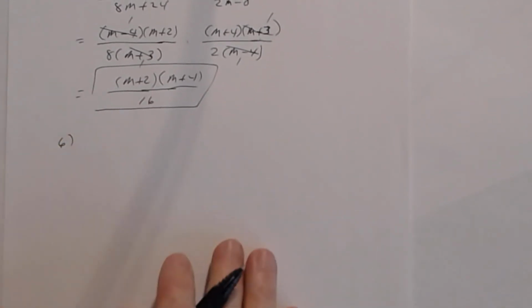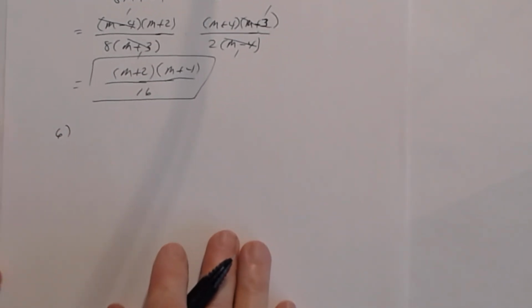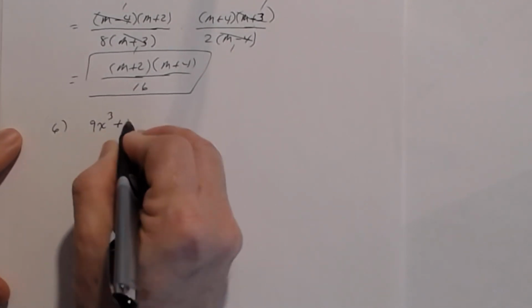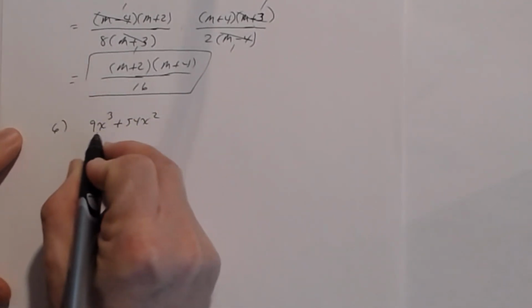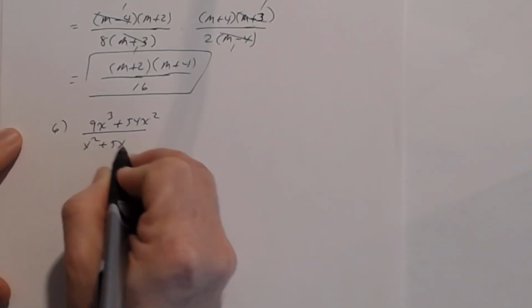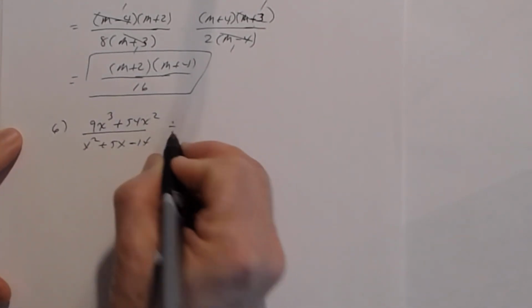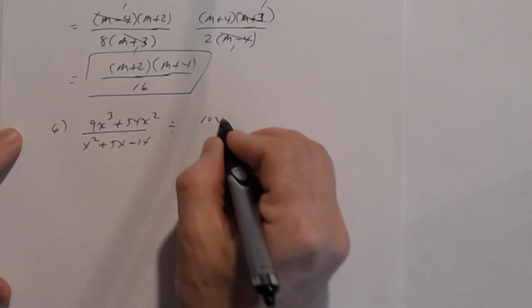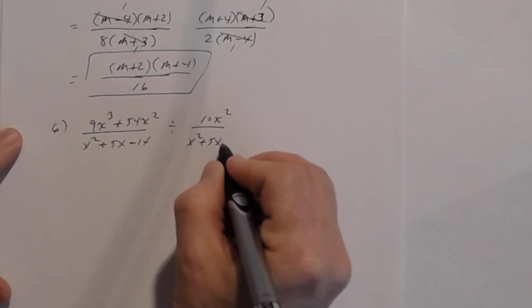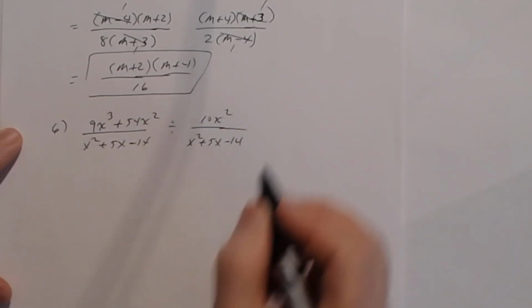Number 6, let's suppose we had this for number 6. Let's suppose we had 9x cubed plus 54x squared divided by x squared plus 5x minus 14. And that's being divided by 10x squared divided by x squared plus 5x minus 14.